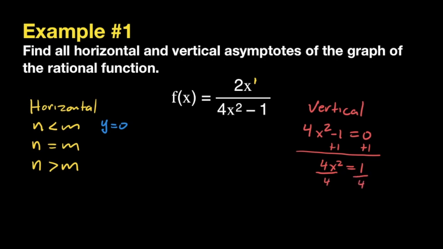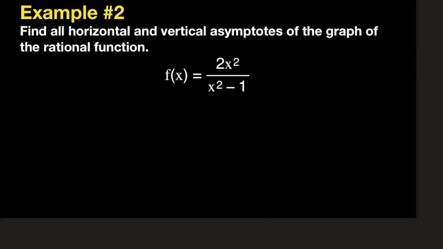And we have x squared is equal to 1 over 4. You'll find the square root. So x is going to be plus or minus 1 over 2. So our vertical asymptotes are going to be at x is equal to negative 1/2 and also at 1/2.